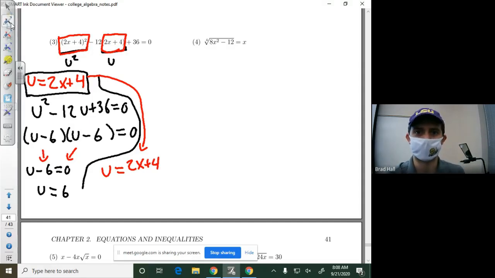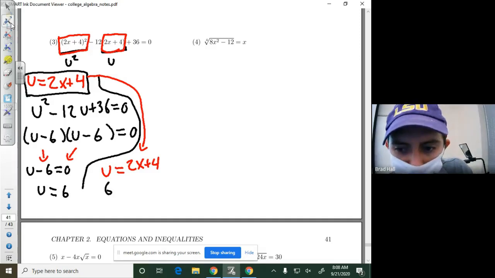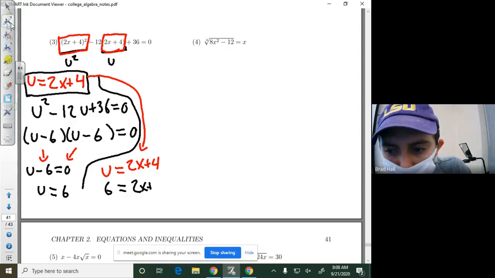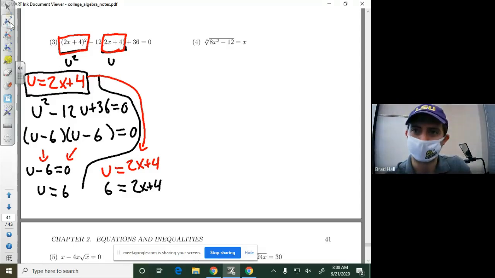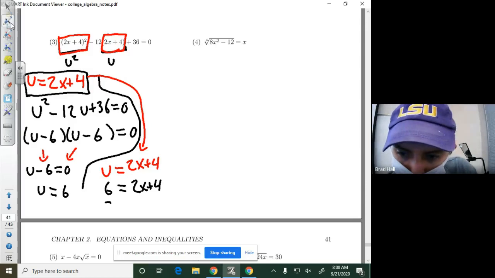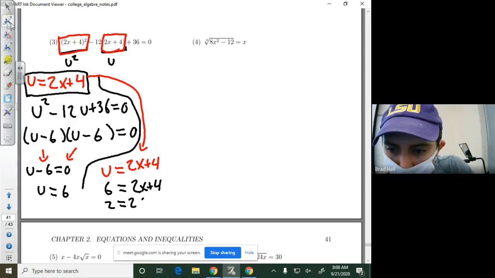This rule allows us to convert from U's to x's. So we found that U was 6. We could subtract 4 on both sides to get 2, and we just get that x is 1. So we get one answer.